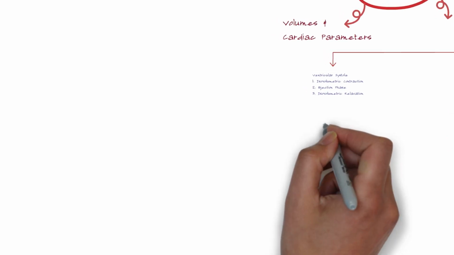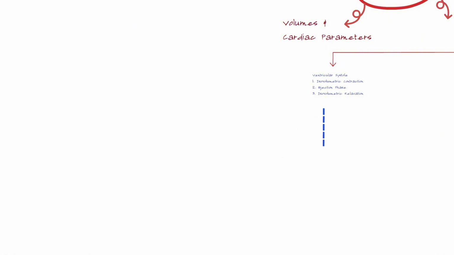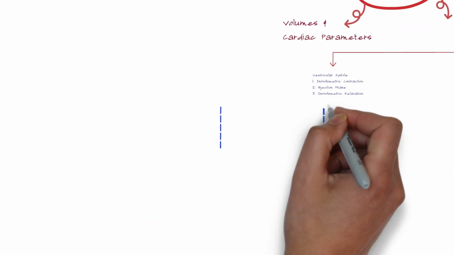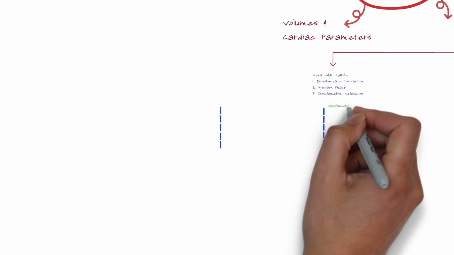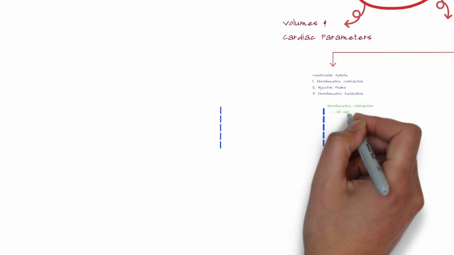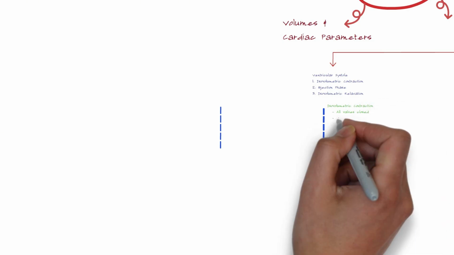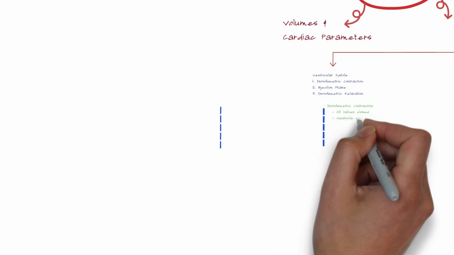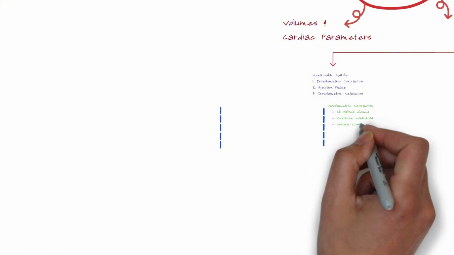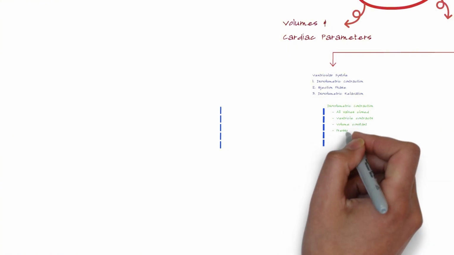Let's now talk about the three phases of the ventricular systole, starting with the isovolumetric contraction. All valves are closed, the volume is constant, the pressure rises rapidly. Remember, isovolumetric means a constant volume. For constant volume, it means there is no blood entering or moving out from the ventricle, so the valves are closed.